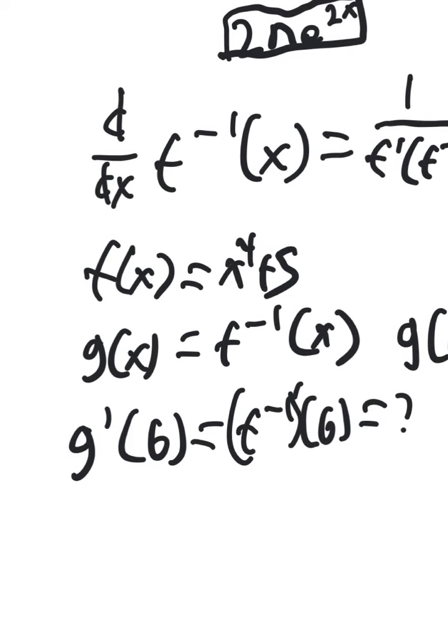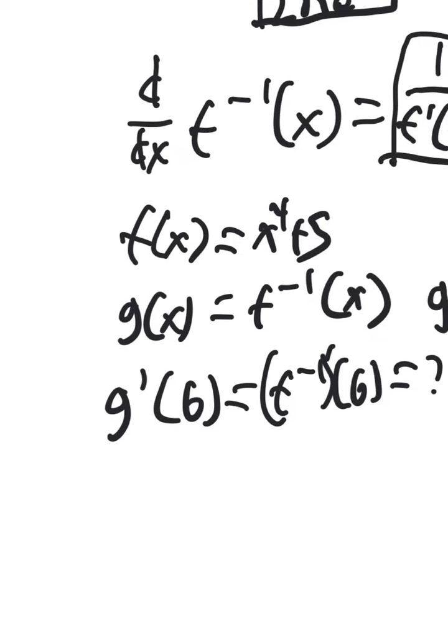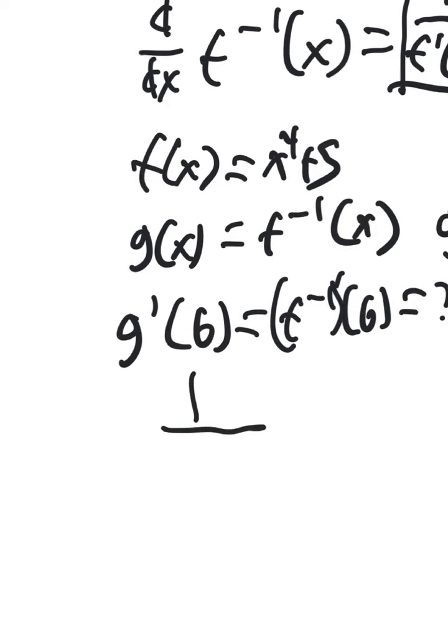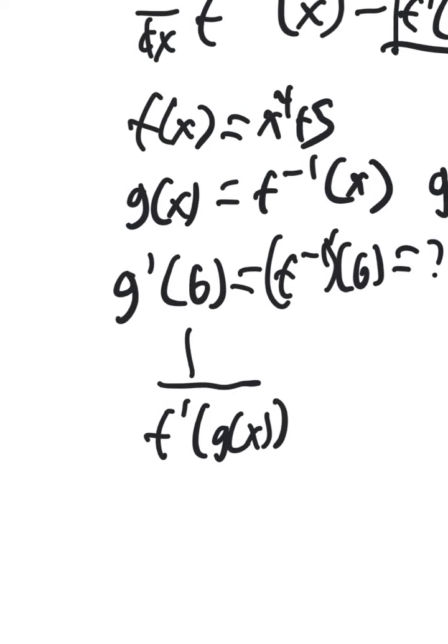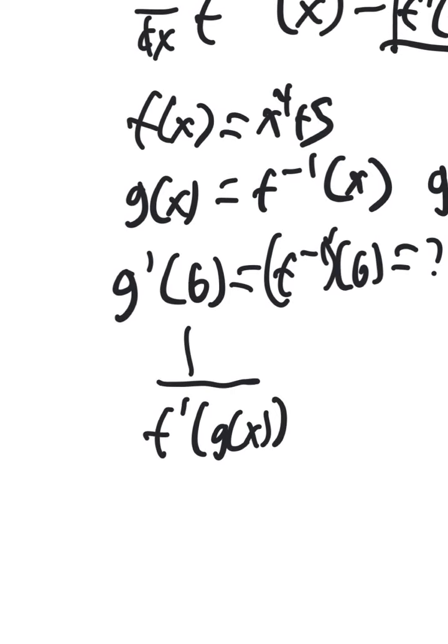How would we go about doing this? What we can do is plug it into this formula over here. So then we have 1 over f prime of g of x. We know that we're looking for g prime at 6, so we can plug in x equals 6, right?